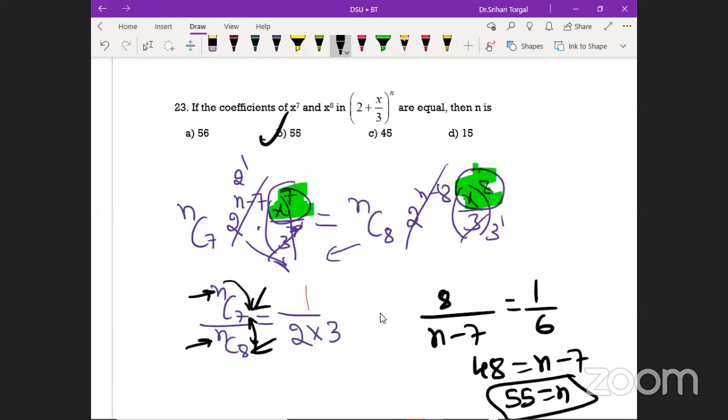And you have to subtract these two, write it in the denominator. Okay. Then simplify. Cross multiply. 48 is equal to n minus 7. N is equal to 48 plus 7, that is 55. Right?